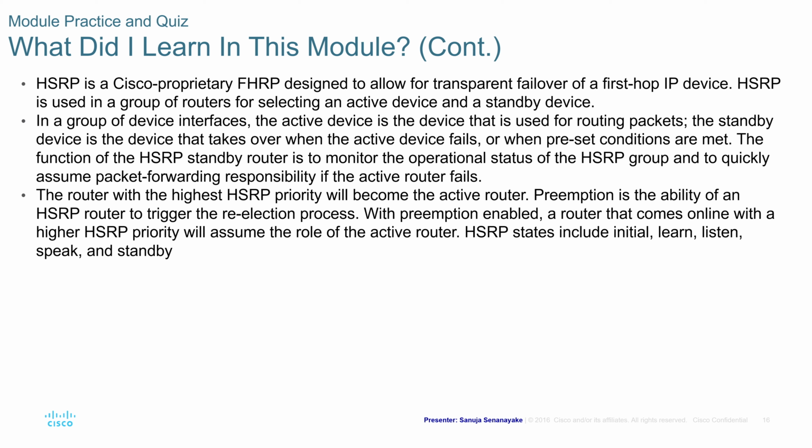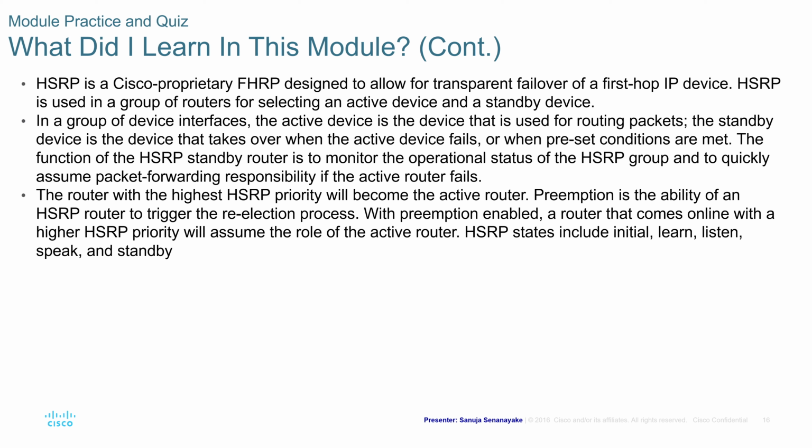HSRP is a Cisco proprietary FHRP designed to allow for transparent failover of a first hop IP device. HSRP is used in a group of routers for selecting an active device and a standby device. We learned that in a group of device interfaces, the active device is the device that is used for routing packets.